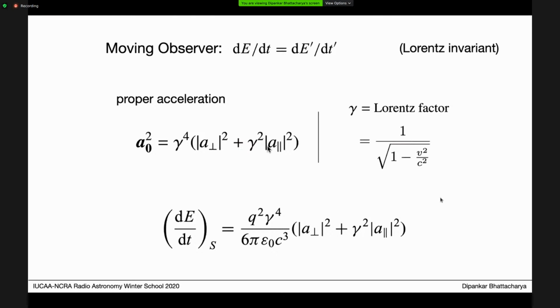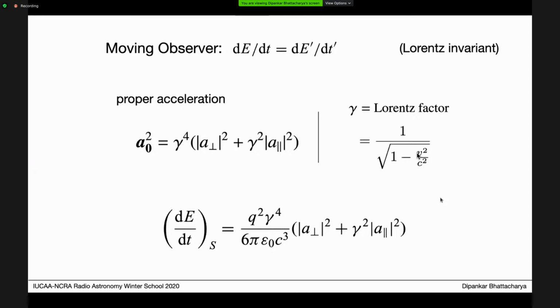Then the measured quantities a parallel and a perpendicular are related to the proper acceleration in this manner. So it's got a parallel squared, a perpendicular squared, giving you a0 squared, but there are multiplications by these gamma squared factors. Gamma is a quantity called the Lorentz factor, defined as 1 by square root of 1 minus v squared by c squared, where v is the velocity of the charge.